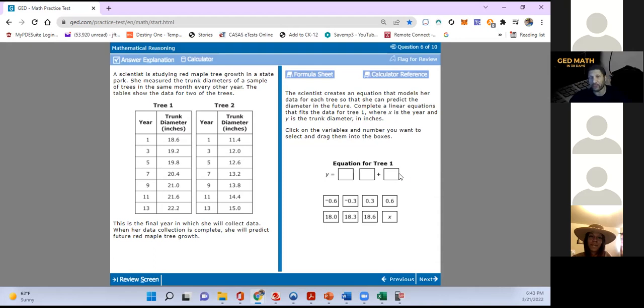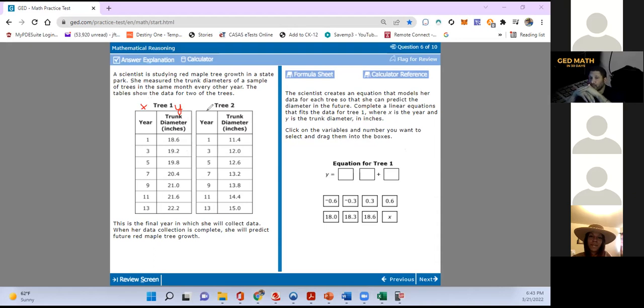Okay, let me ask you a question. If I'm trying to find the equation of a line, what two things do I need? X being the year and Y being the trunk diameter, right, they gave that to us. So X and Y. What two things do we need to figure out an equation of a line?